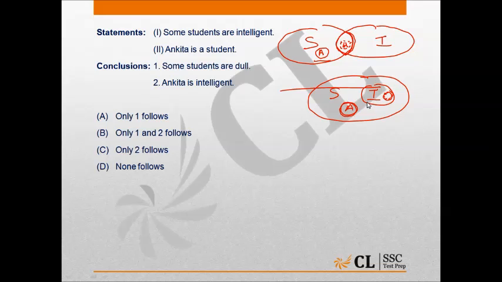So here in this case also, there are two scenarios where Ankita is intelligent and the second one where Ankita is not intelligent. So conclusion 2 cannot follow because it does not hold true in both the cases. It is true in only one case. So the answer to this question is option D, that is none follows.